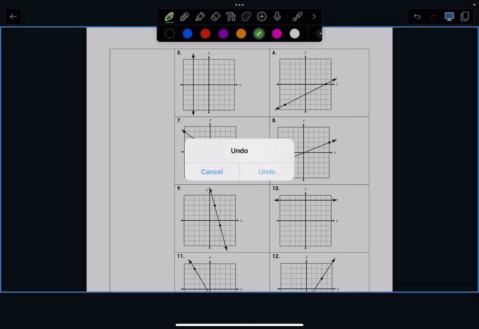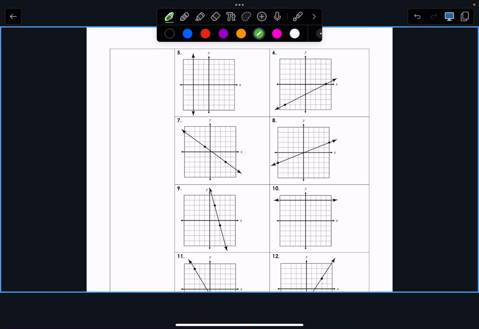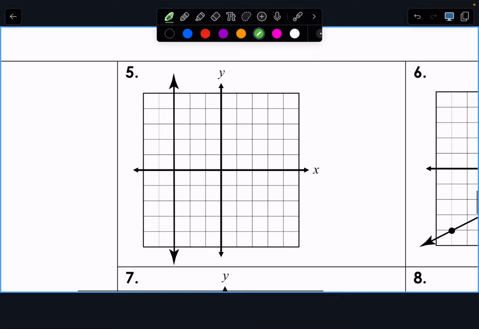Landon, what's one of them that you circled? Looks like you circled 5. Okay, so he circled 5. What kind of slope does number 5 have? Undefined. Mrs. Hillman should not ski on that line. Okay.